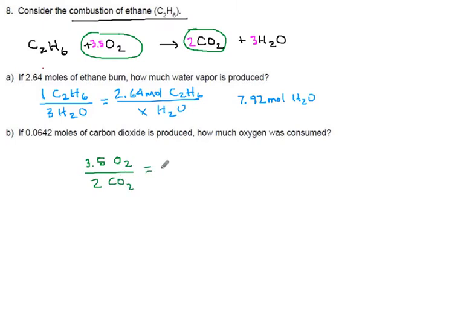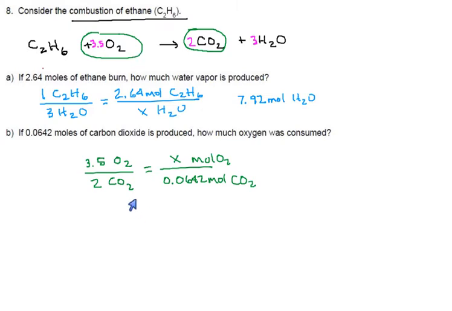And they're saying 0.0642 moles of carbon dioxide. Remember, our units have to line up, so when they give us an amount of CO2, it must go on the bottom, lined up with the other carbon dioxide. 0.0642 moles of CO2, and this will be moles of oxygen, and I don't know what that is.